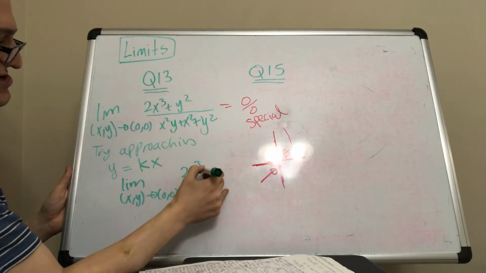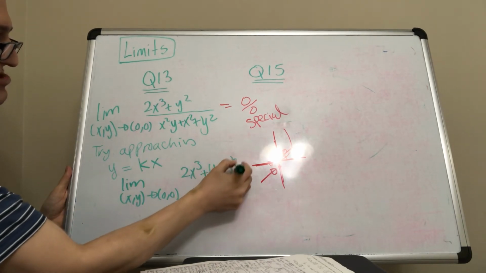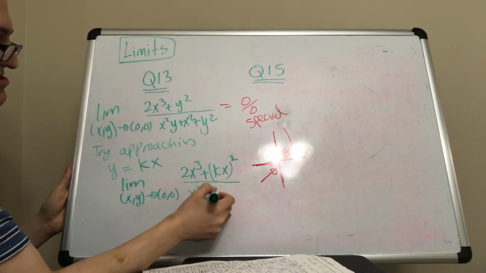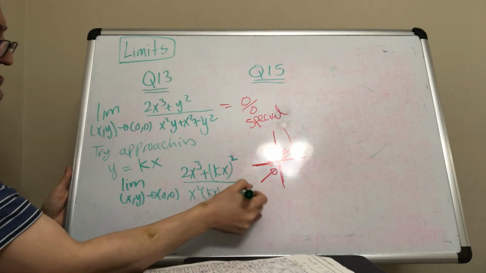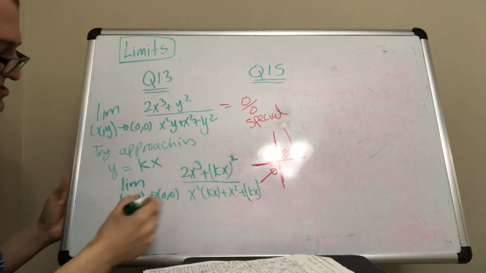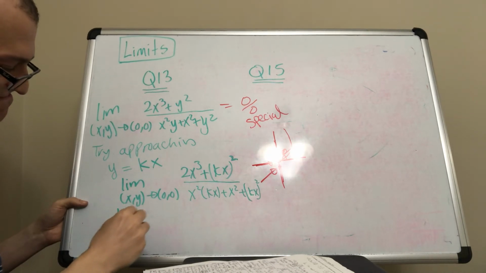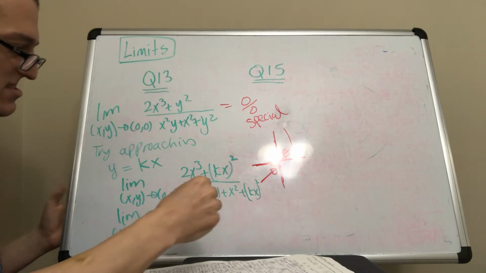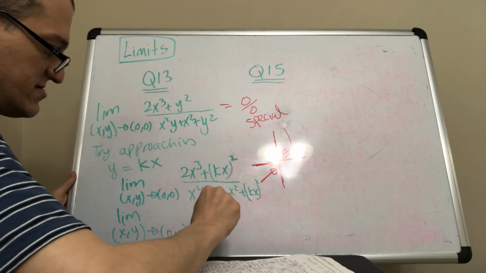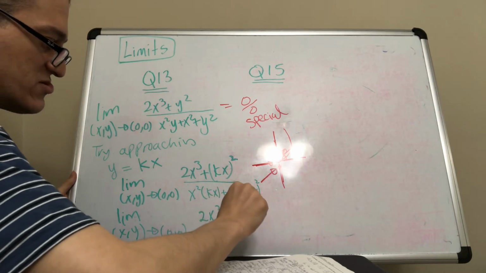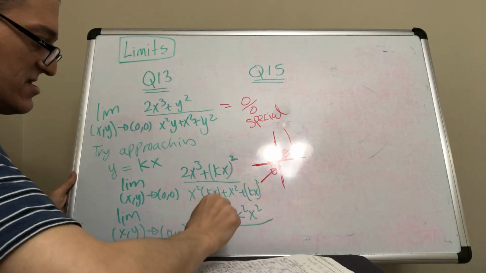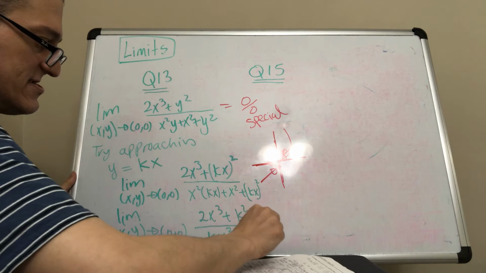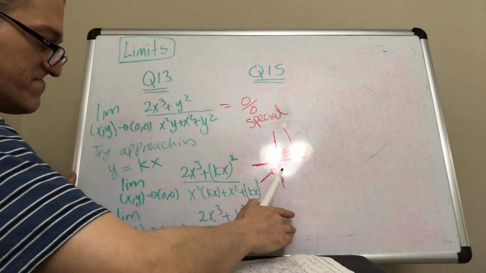Instead of y, we put this, it would be kx squared, so you go limit xy to 0, 0 of 2x cubed, k squared x squared, over kx cubed, x squared, k squared x squared.